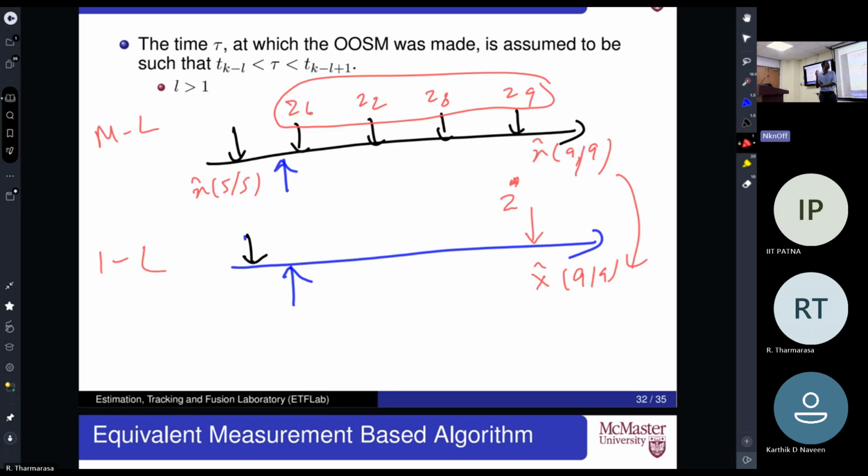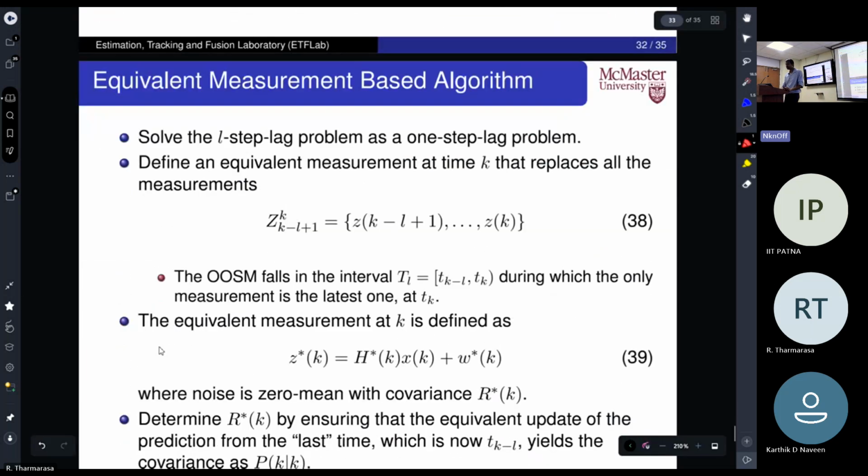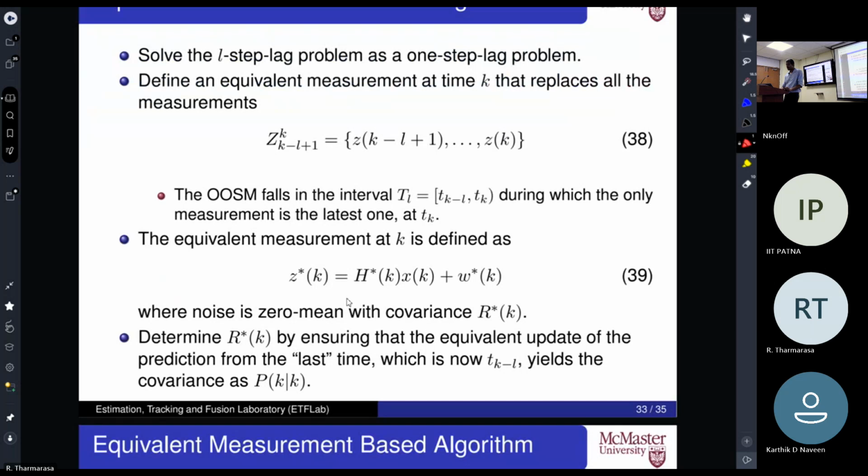Okay. So now what's the remaining part? The remaining part is finding this one. Right? How to come up with a z star that gives the equivalent of that. Okay, that's the idea of equivalent. If you look at this, this is what it says, right? Instead of having all those measurements, we want to come up with a super sensor that gives this z star.